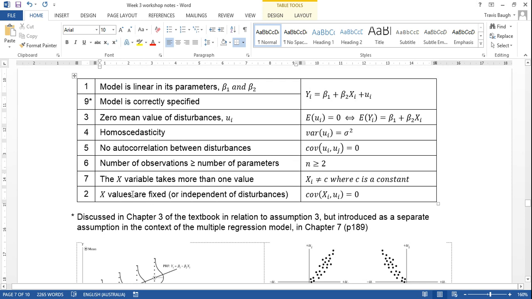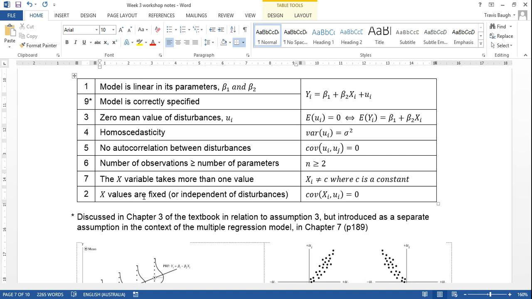And this one is a little bit more important. It takes on quite a bit of significance. It is that, to start with at least, we are going to assume that the x values that we've been able to fix before we selected them. So they're not random variables.